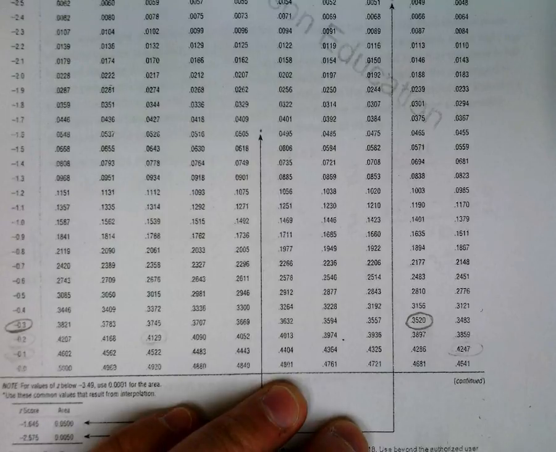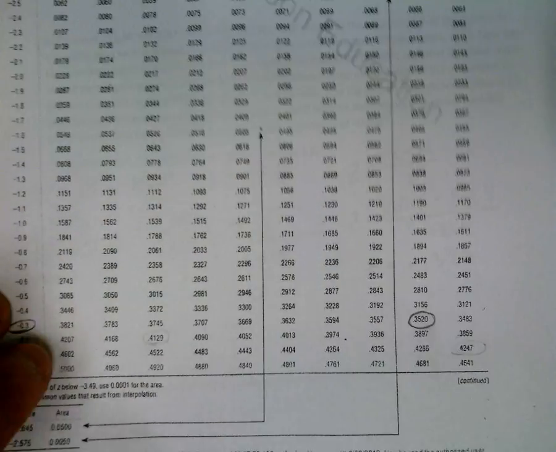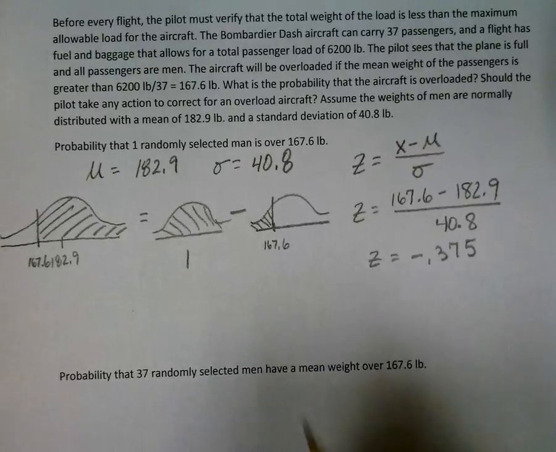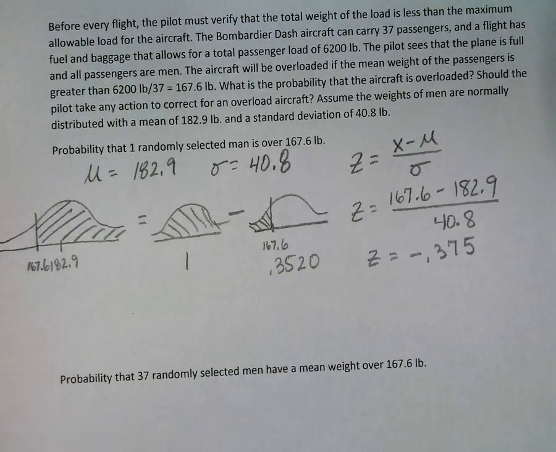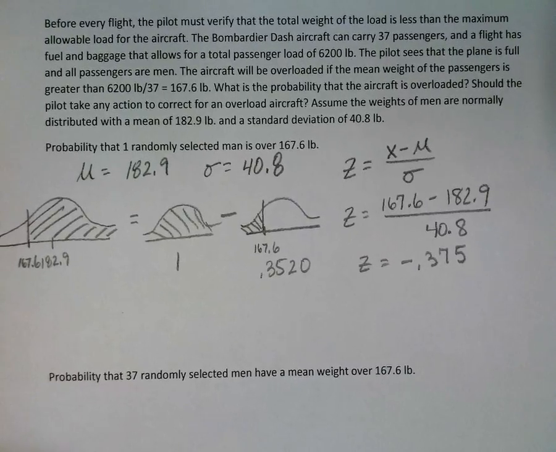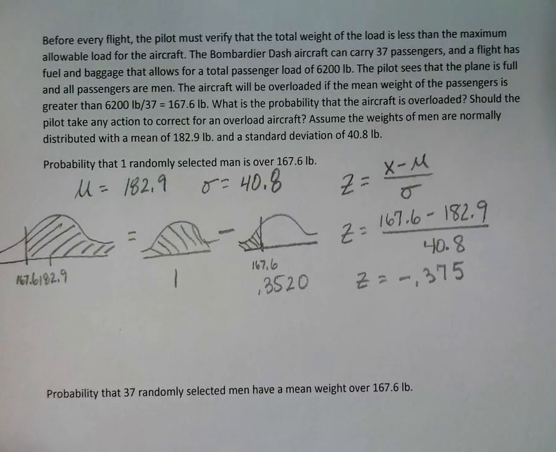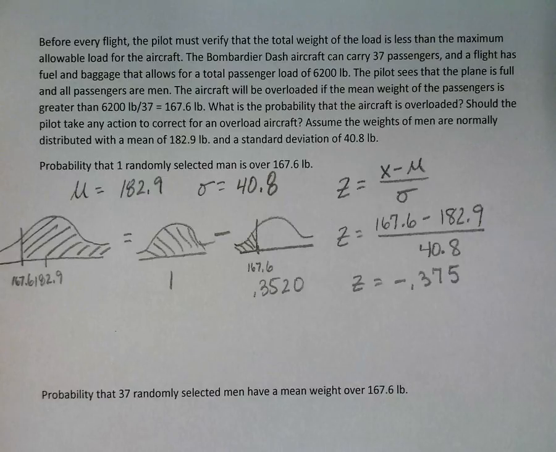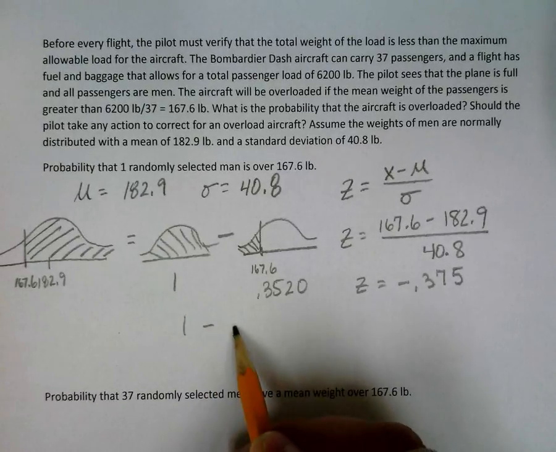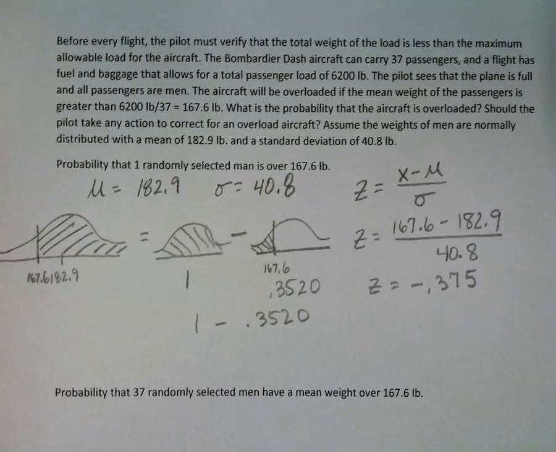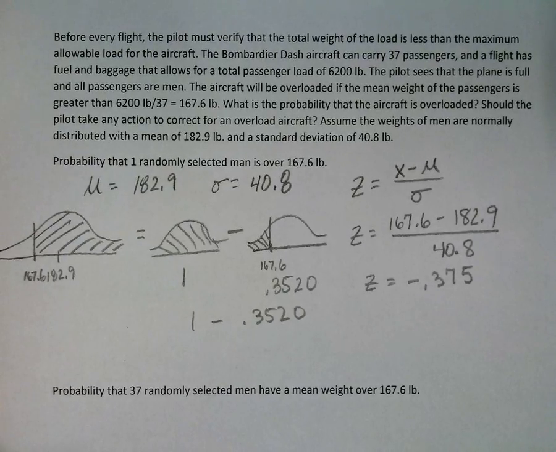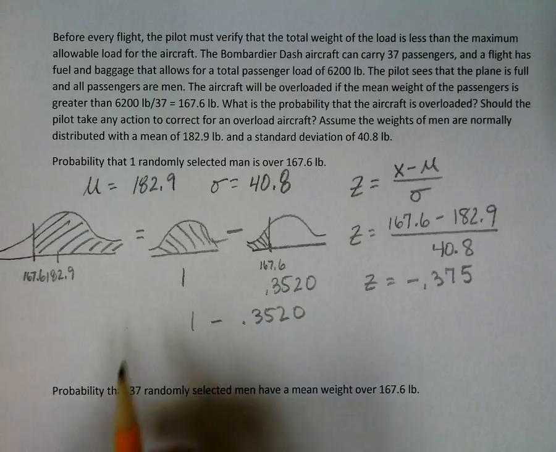Okay. So that tells us that there is a 0.3520, or roughly 35% chance of randomly selecting someone less than 167.6 pounds. However, we want the probability that it's greater than 167.6 pounds. So we want to subtract that from 1.